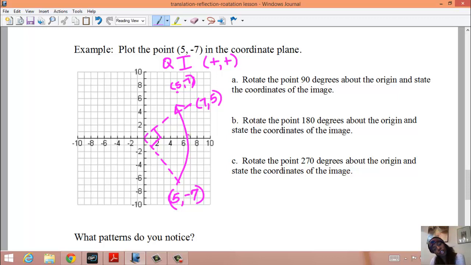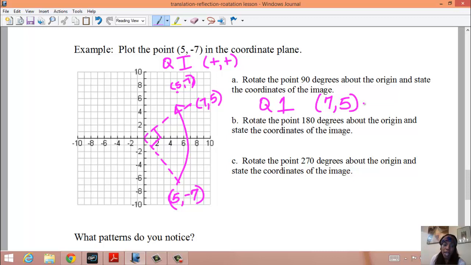You might have to turn your head a little bit. This is a 90-degree angle. And which point does it look like forms a 90-degree angle with the pre-image? Looks like coordinate 7, 5 does the trick. So, quadrant 1, which we know is plus plus. The image is located after that 90-degree rotation at coordinate 7, 5.